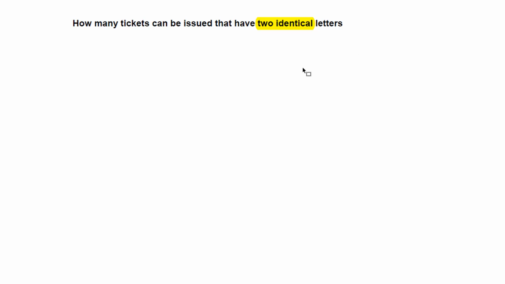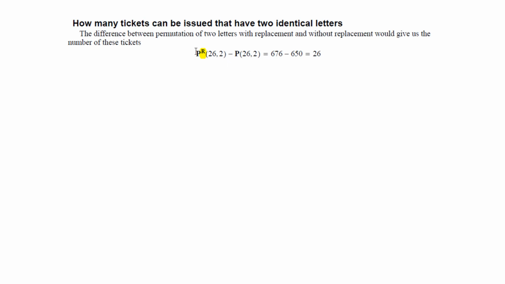So now we can use this difference, permutation with replacement minus permutation without replacement of 26 letters taken 2 at a time, and we are going to get the 26 tickets or sequences that have at least 2 identical letters. And here we have only 2 letters, so we are going to end up with 2 identical letters only.